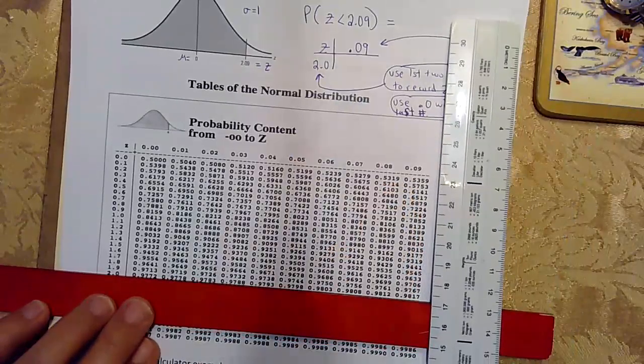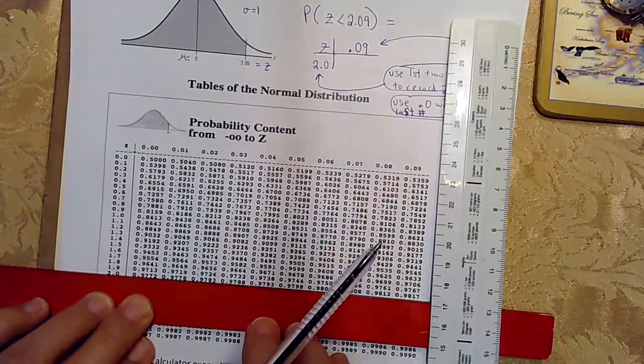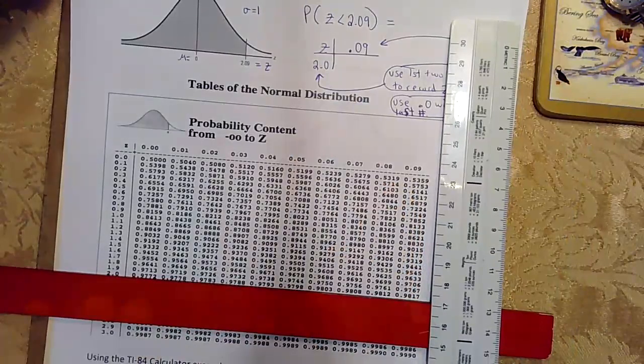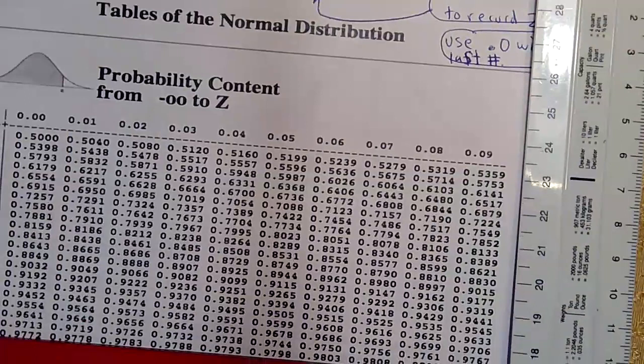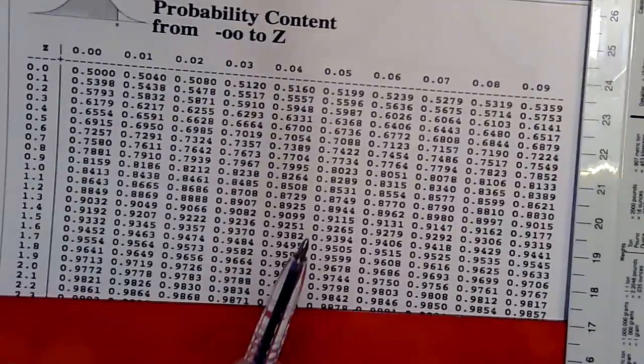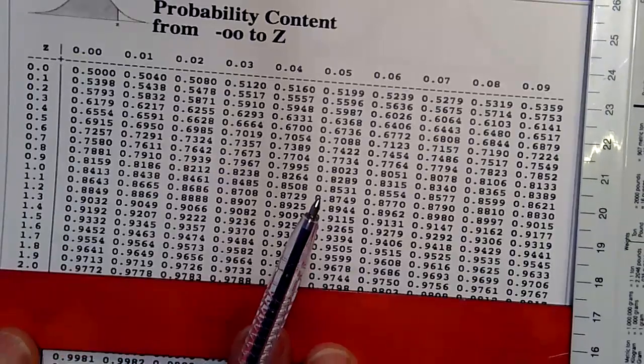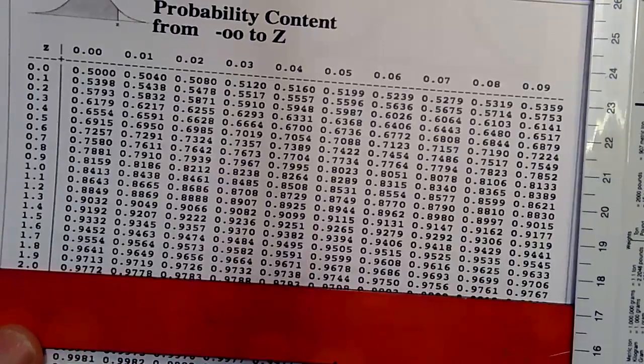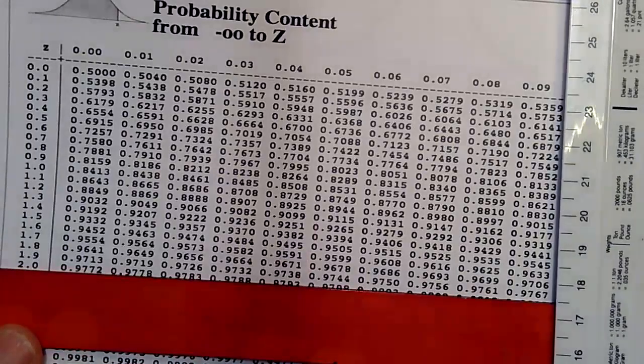And you see this number right there? That's the area underneath the curve. So we said 2.0, right? 2.0 and then 0.9.